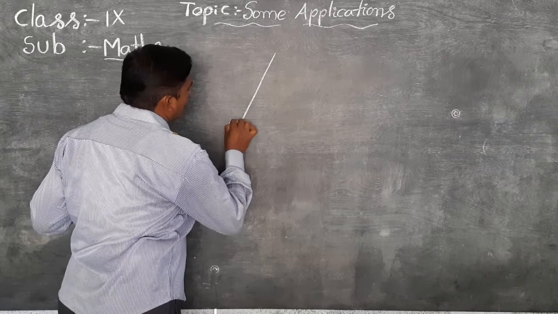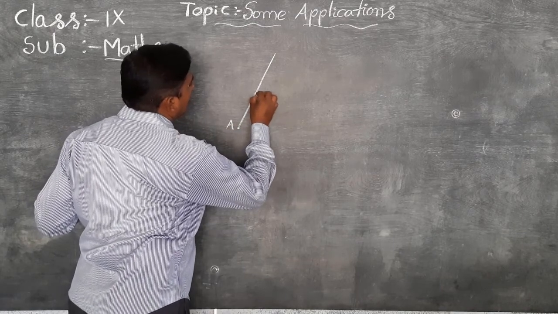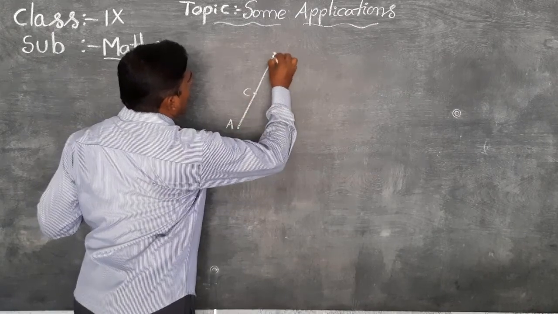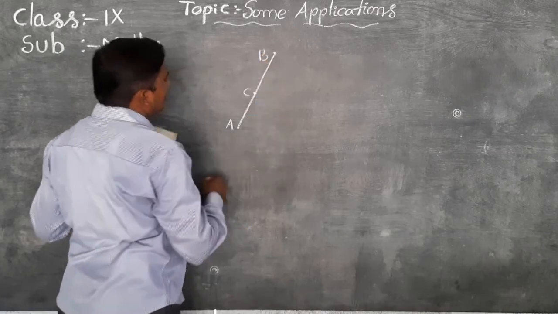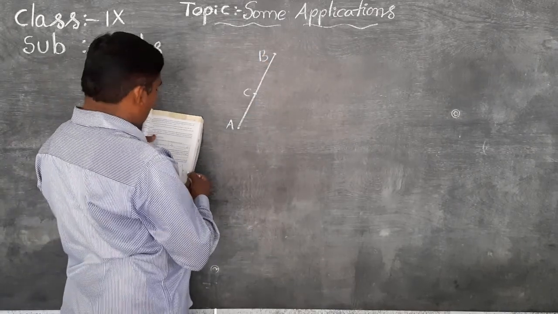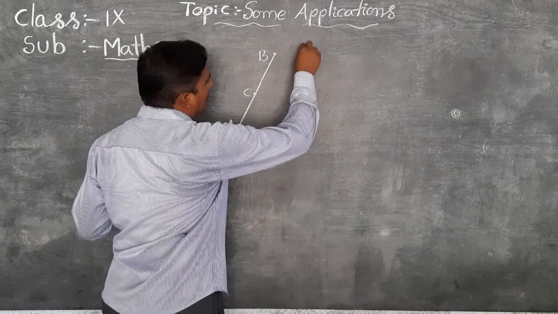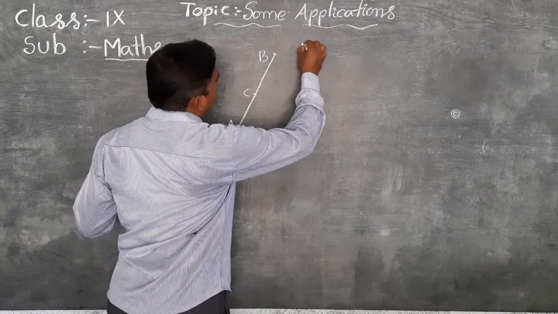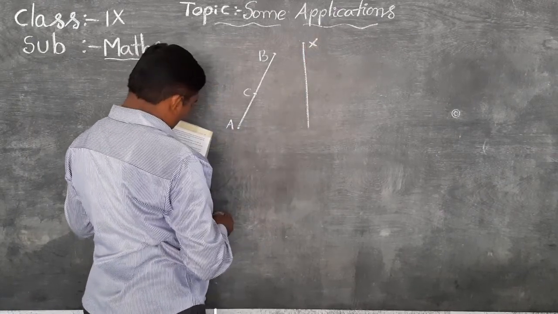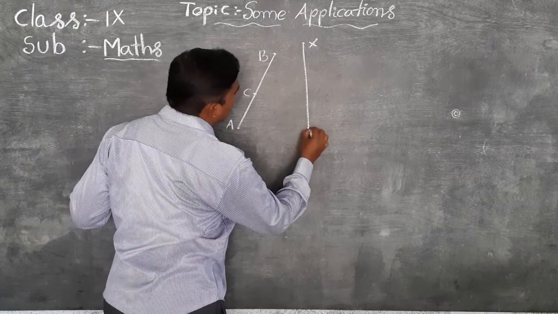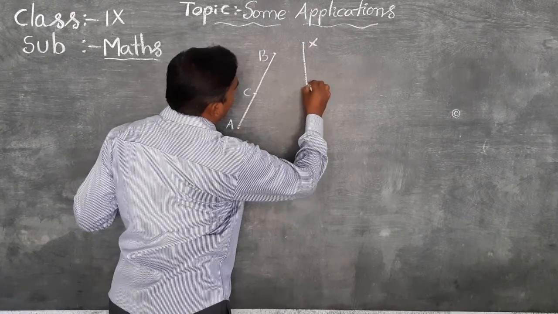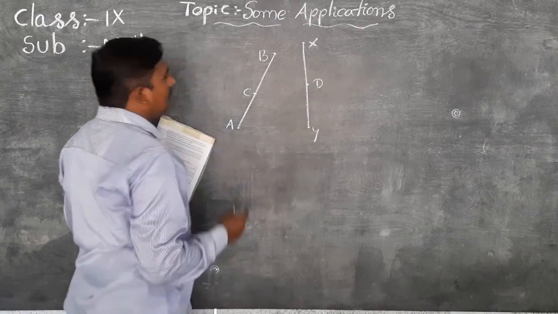Here A, C, B. This is line AB. And here X, Y, D. X, D, Y. Okay, this is one figure.